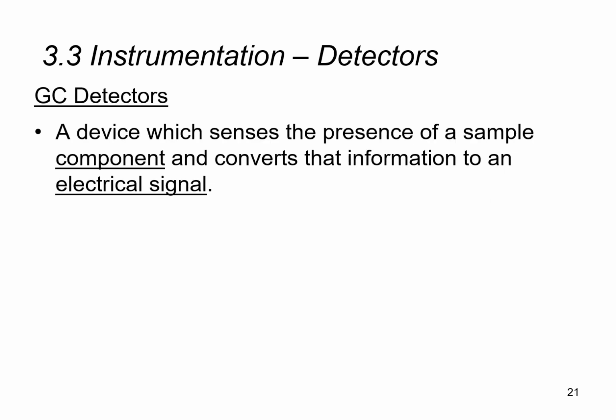Now as we move towards the end of the instrument, the last component we're going to talk about is GC detectors. The detector's main purpose, as its name suggests, is to detect any chemical component that's leaving the column and to essentially draw us a peak so that we know that a certain component is present.